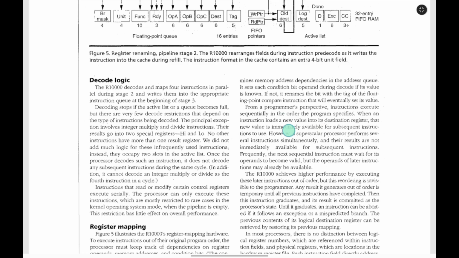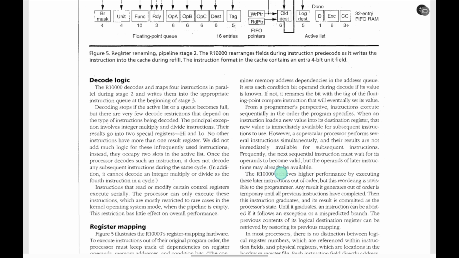However, a superscalar processor performs several instructions simultaneously, and their results are not immediately available for subsequent instructions. Frequently, the next sequential instruction must wait for its operand to become valid. The operands of later instructions may already be available.